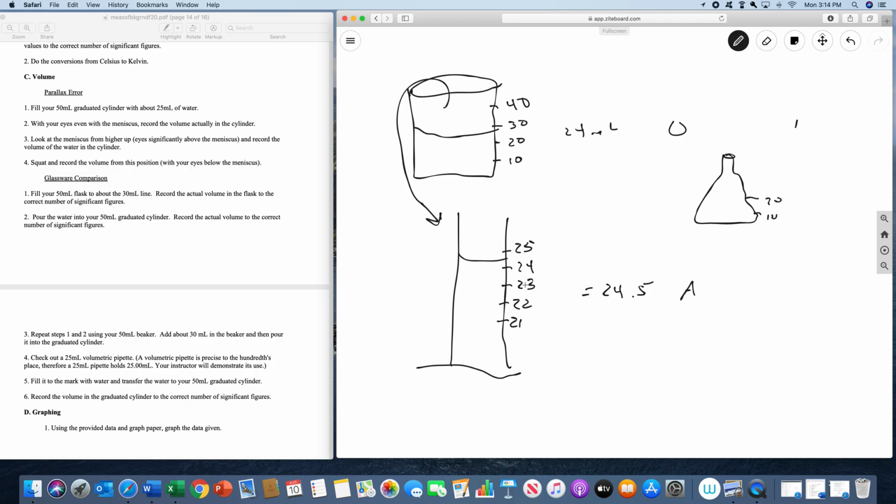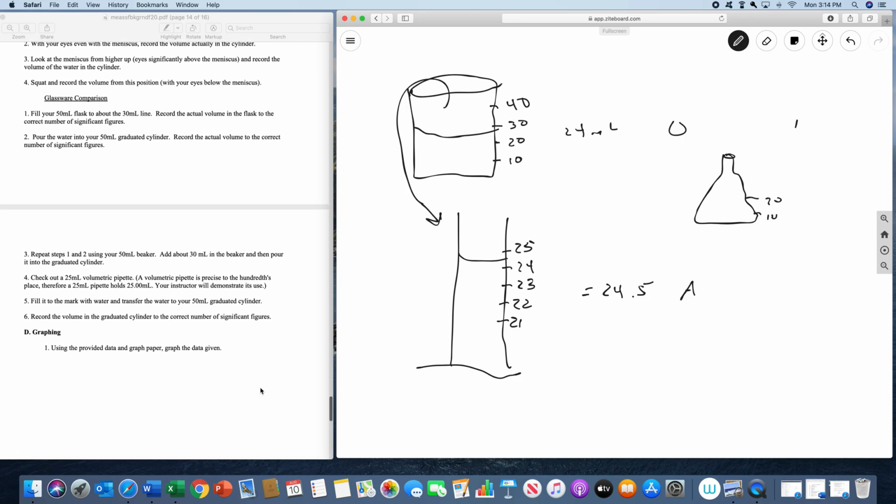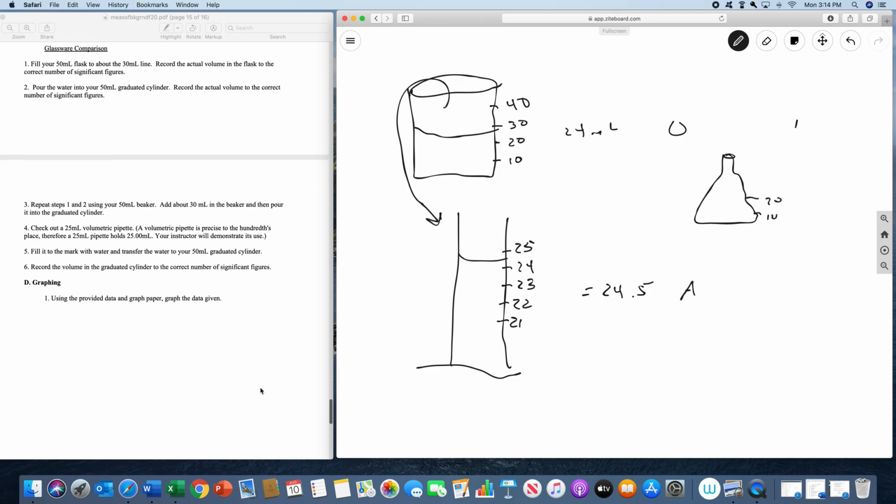And then the last thing you're going to do, and there's a video of how to do a volumetric pipette, is take water out of a cylinder and measure it with a volumetric pipette. The one we're using is 25.00 mils, so they're precise to the hundredths place. And there's a video that shows you how to do all that.